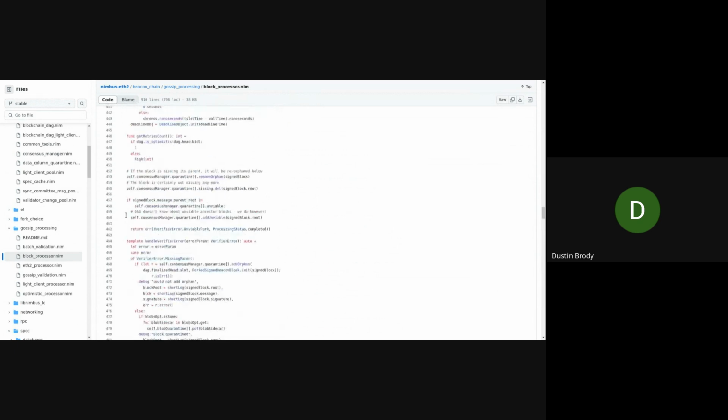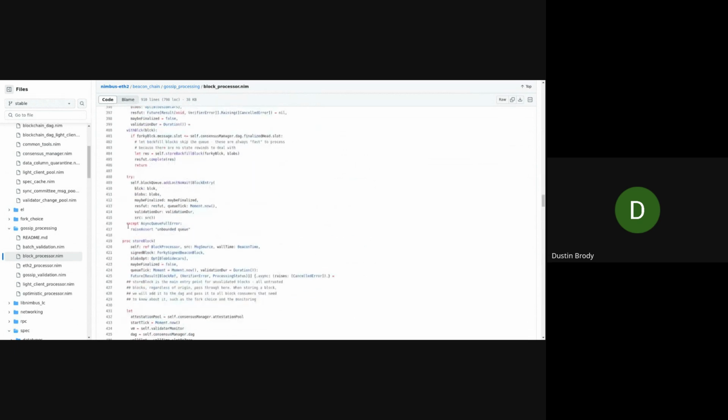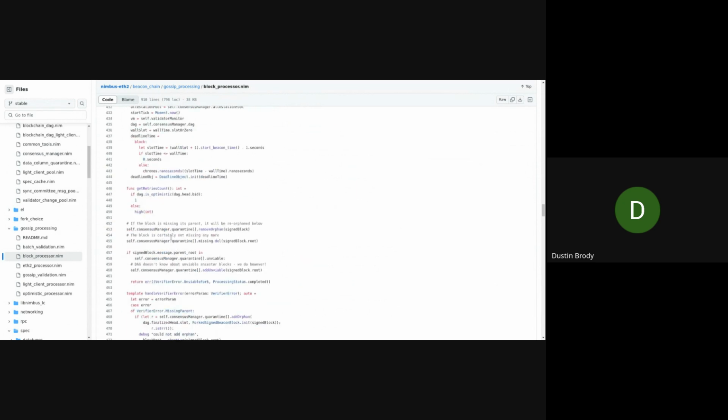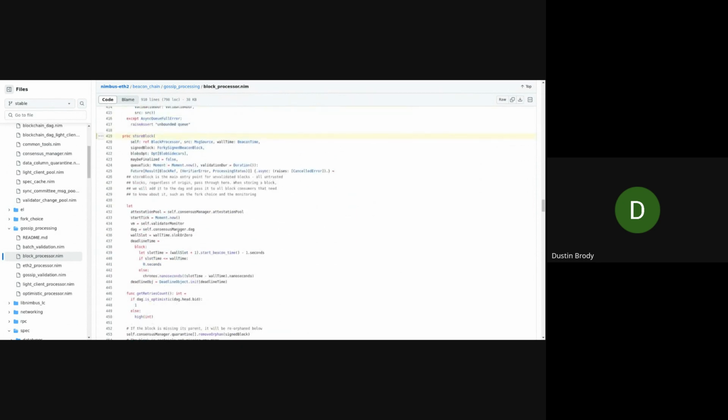We have somewhat long function names here. But this store block function essentially implements this. This can be regarded as the barrier, the gatekeeper. It takes an untrusted block and ultimately creates a trusted block out of it.